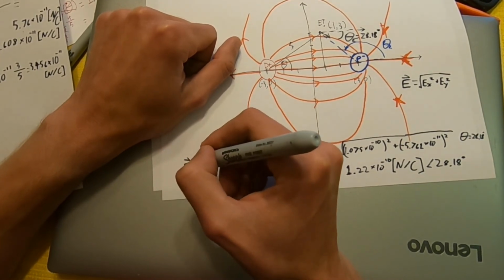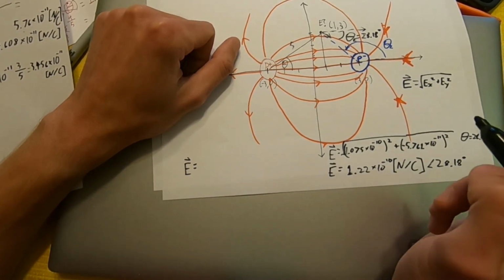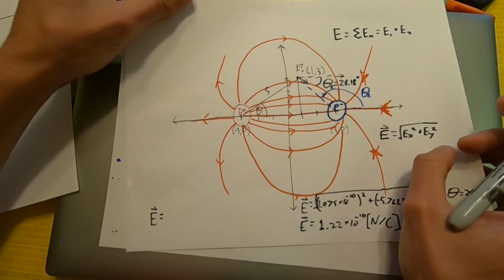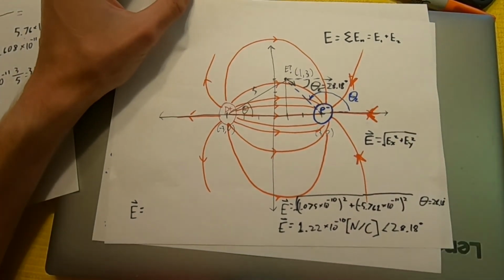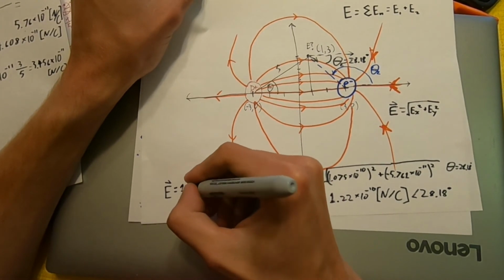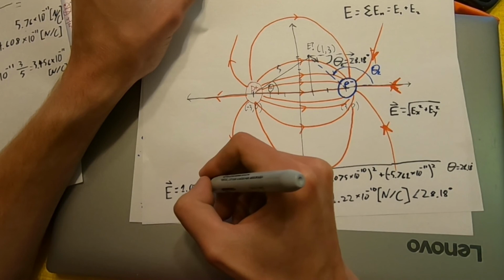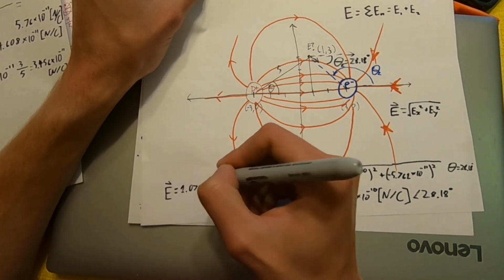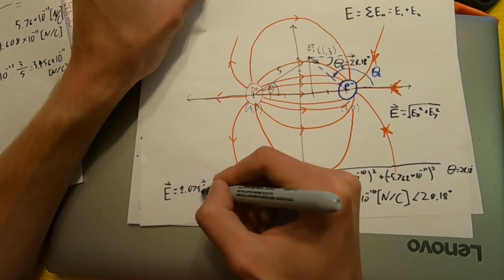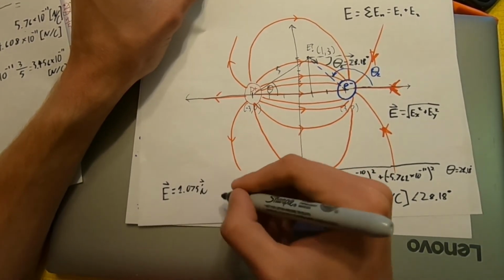Now another way to write this, if we just wanted to keep it in terms of the x and y components, we could say that E is equal to 1.075 i. That's just a fancy way of saying this is the x component of this vector here, so we're writing this in vector form.